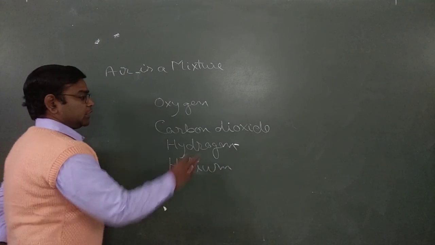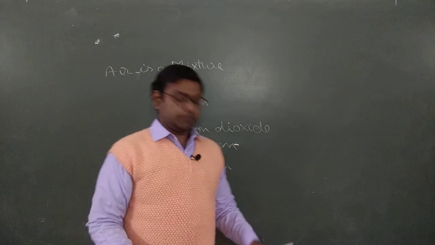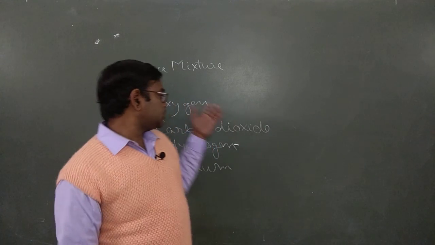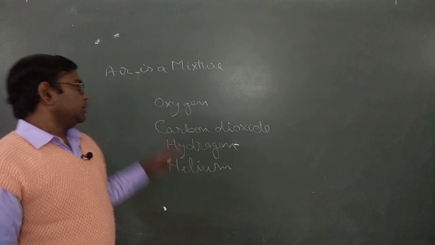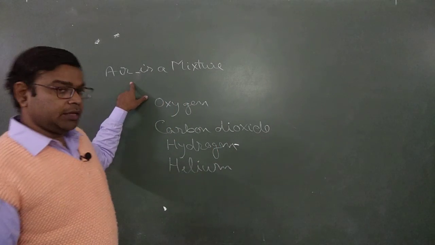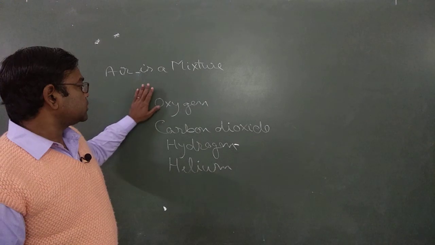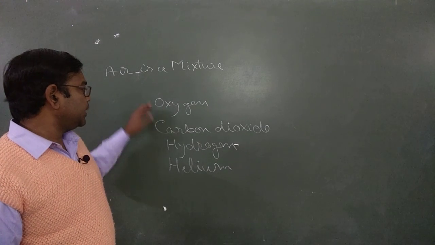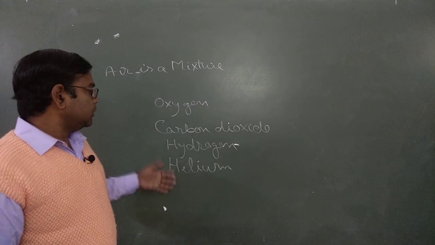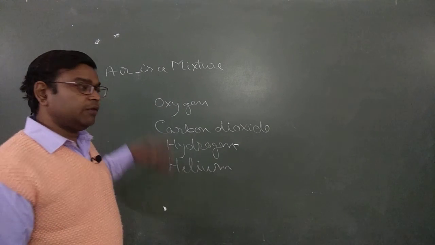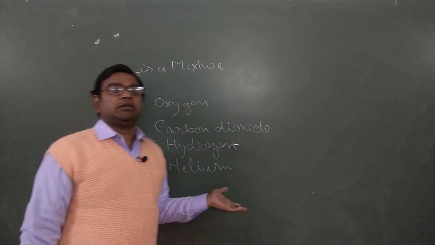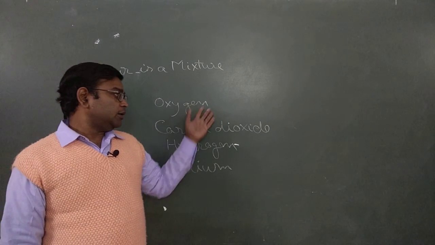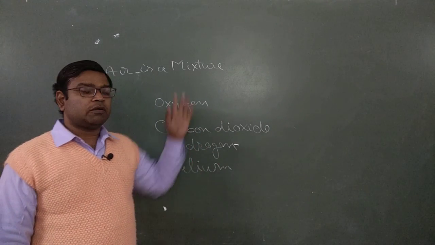Likewise, many more gases are present, and carbon monoxide is also present. These gases combined are known as air. Sometimes the ratio of a component may vary, but it doesn't matter. Air is a mixture of all the gases.